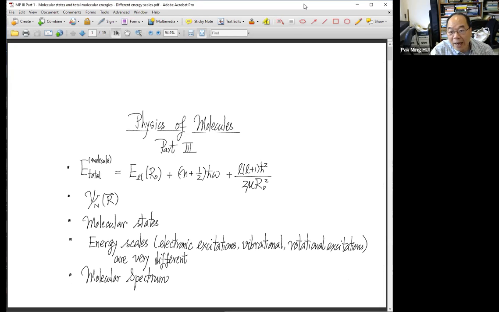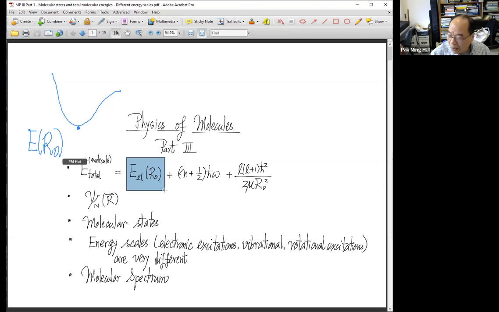So for the next few minutes, I would like to introduce what we are going to do next. The remaining third of molecular physics has to do with the nuclei motion, but I already showed you the big picture up front. At this point, we know bonding, and therefore we have this bond binding curve. Now, if we sit here, this is the value of energy at the equilibrium separation.